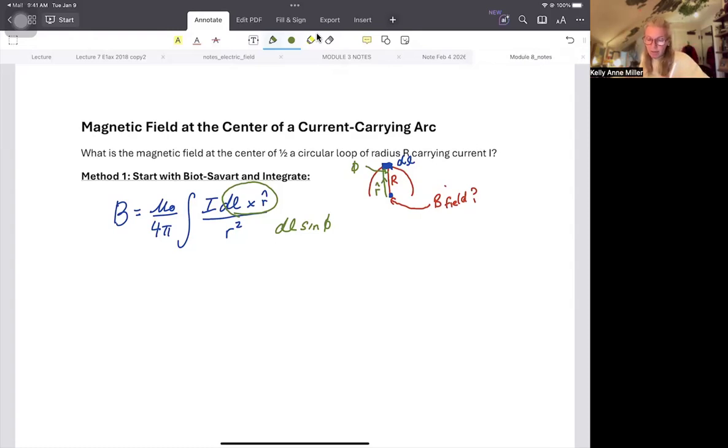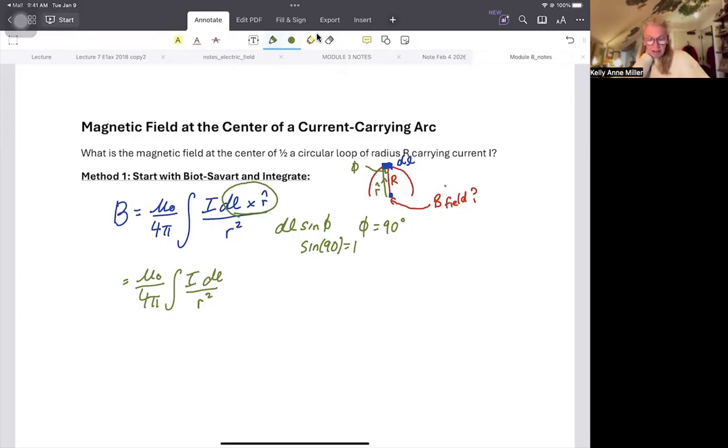And I know that that's 90 degrees because they're perpendicular. So sine of 90 is equal to 1. So this simplifies down to just I DL over R squared.